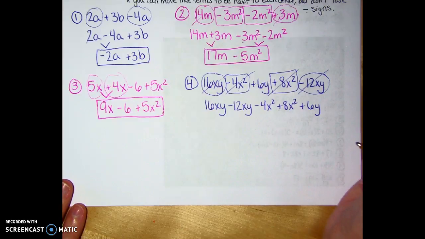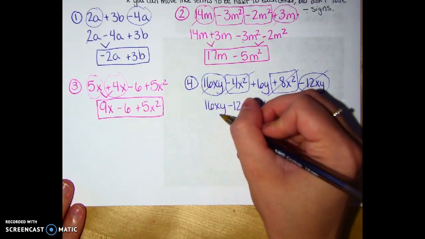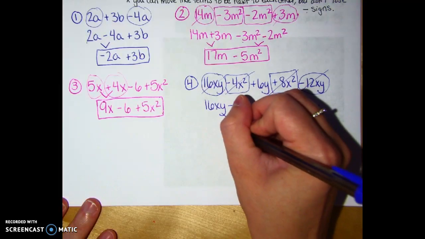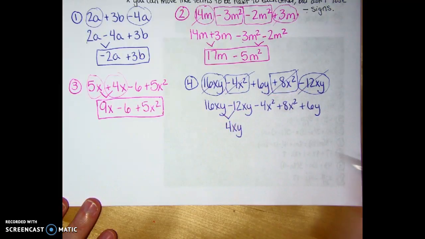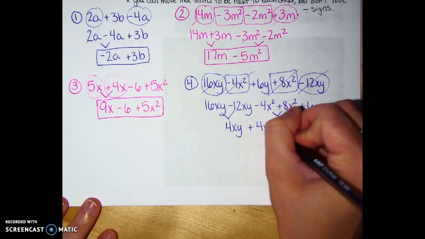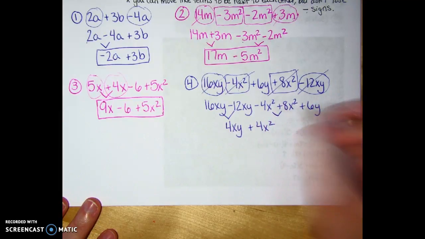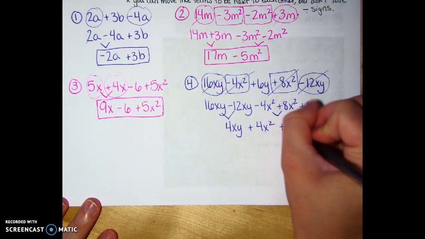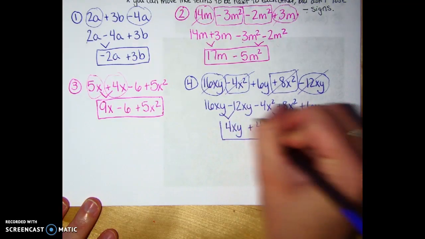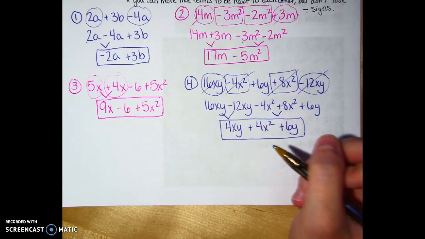Okay, combine like terms. 16xy minus 12xy is 4xy. Negative 4x squared plus 8x squared is a positive 4x squared. And 6y doesn't have a buddy, so it's just 6y. And there you go.